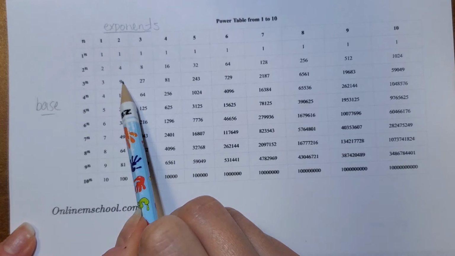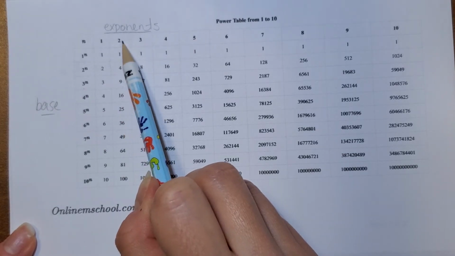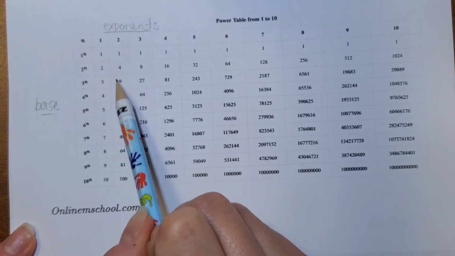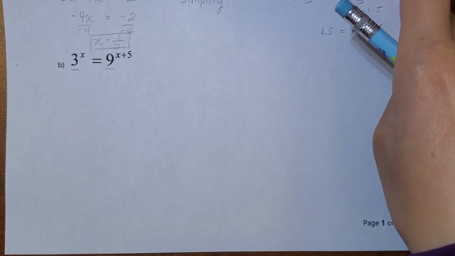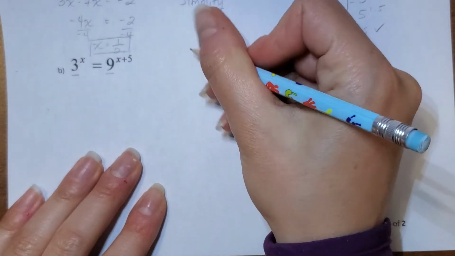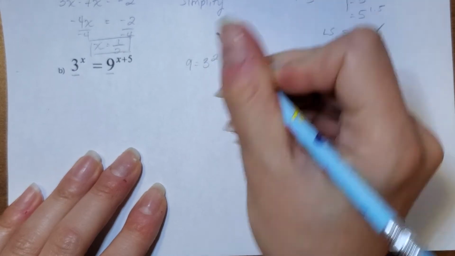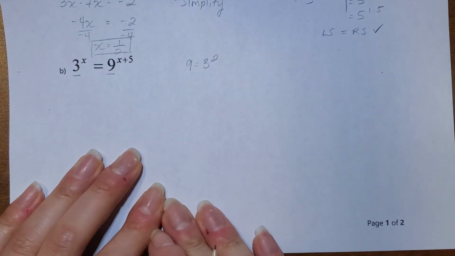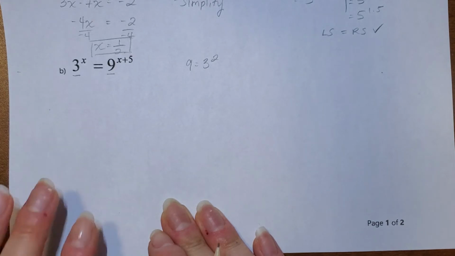And we know that the exponent, in order to get that, would be 2. So 3 to the power of 2 will get us 9. So let's make a note of that here. 9 equals 3 to the power of 2. So because 9 can be written in terms of base 3, we can actually change it.